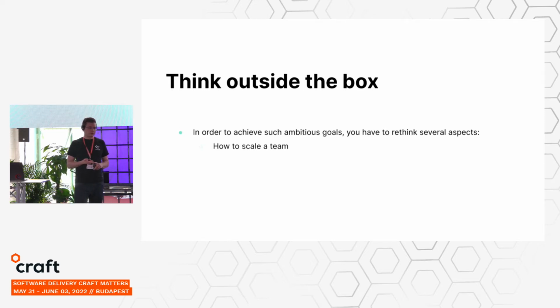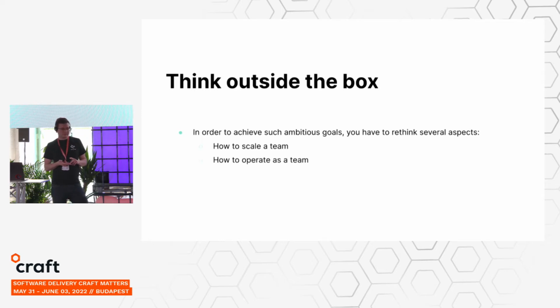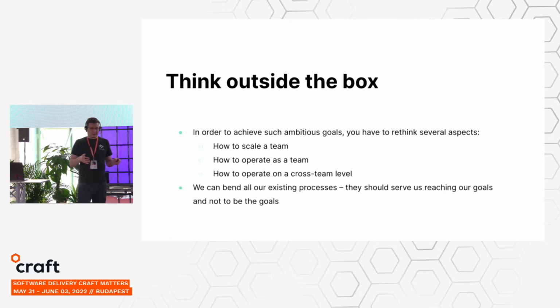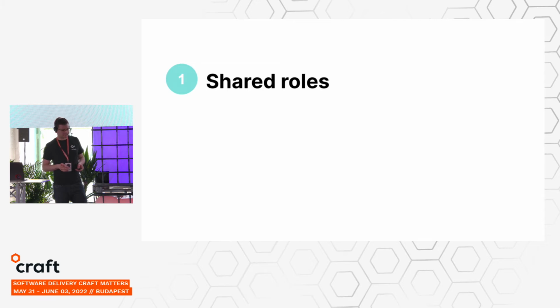So first of all, how to scale up a team, then how to operate as a team, and then how to operate on a cross-team level. To achieve this feature, we had to deal with several teams inside the company. It's not just one team project. And the tool we had was we can bend all the existing rules. We can change all the existing processes. We can do whatever we want, just make it happen.